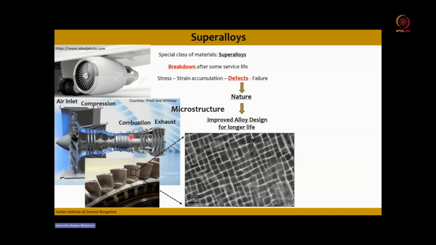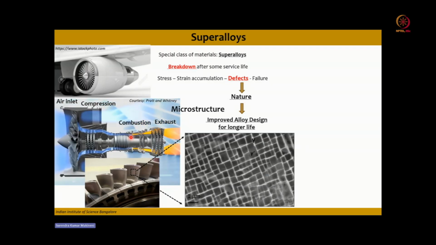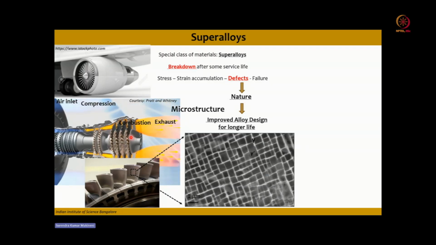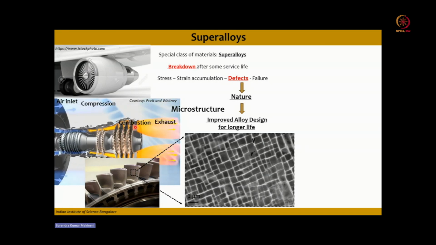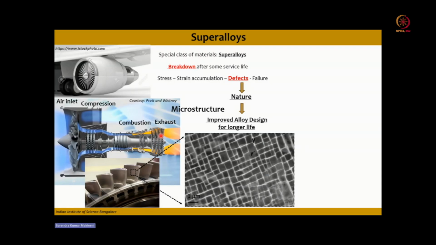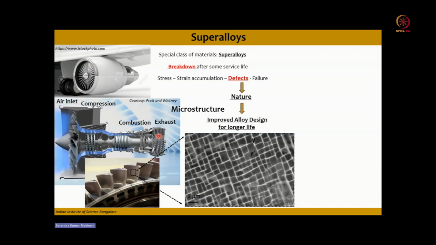Due to the combination of air and fuel, the temperature rises up to 1500 degrees Celsius, and there will be a large amount of heat and pressure at the components in the combustion zone and the exhaust zone.